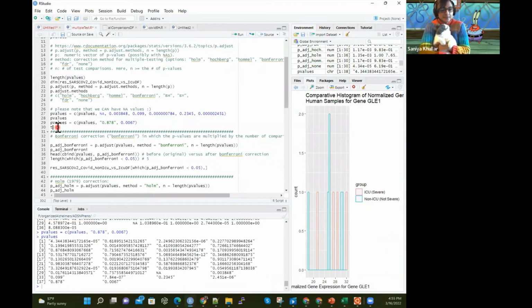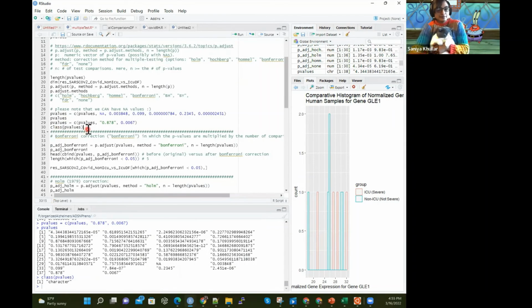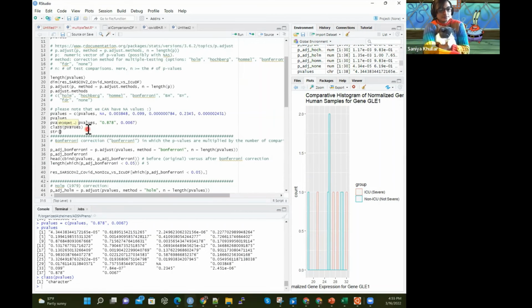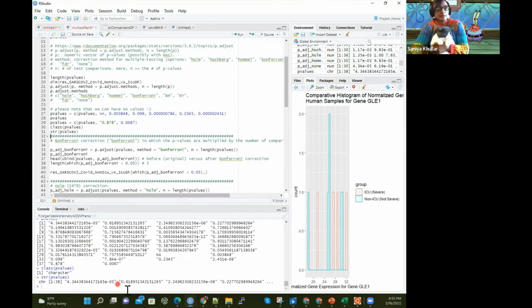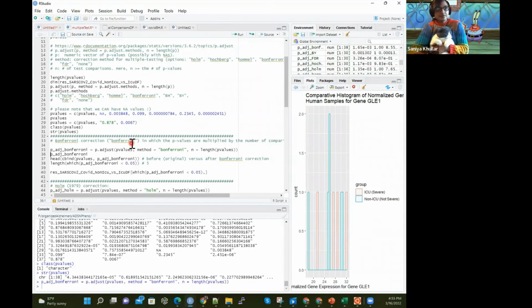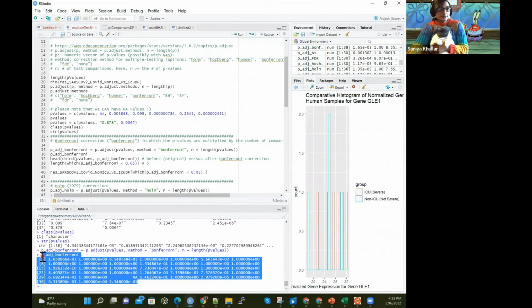if I did class of this, it would be character. I can do str, structure, and it will be a character vector. If I stuck with this and tried this Bonferroni, it would still work, but I don't really think that this is a good idea.